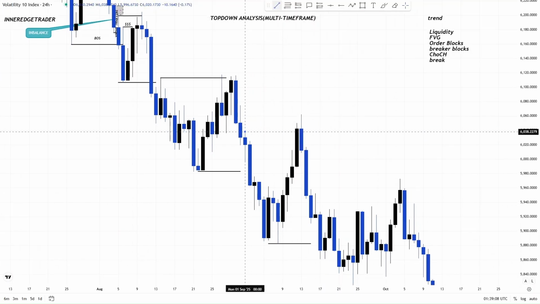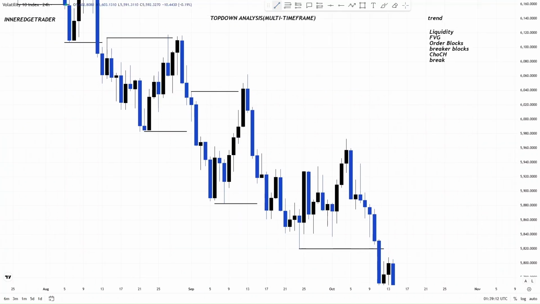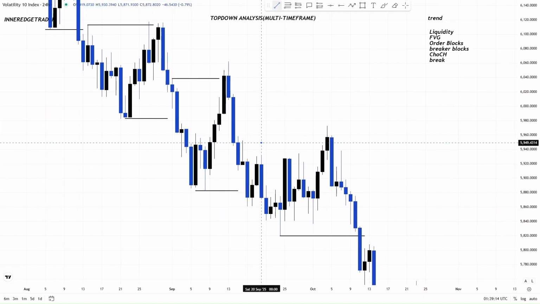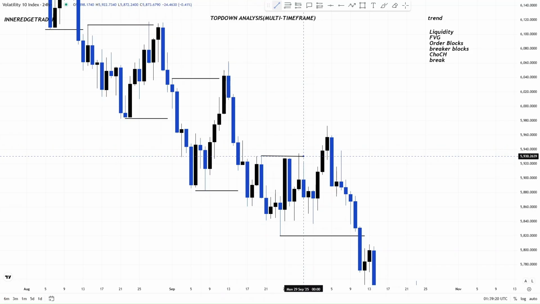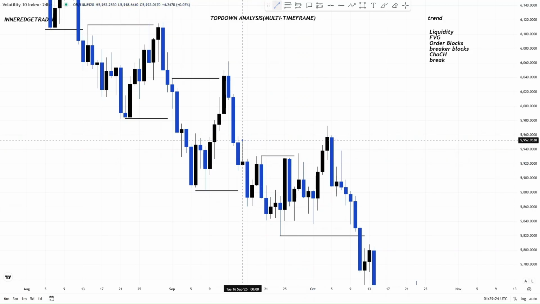There's always liquidity being taken out before the major movement. I'll explain all this as time goes, so you understand. Liquidity being taken out from here. Two major liquidities have been taken out from here before the major move.